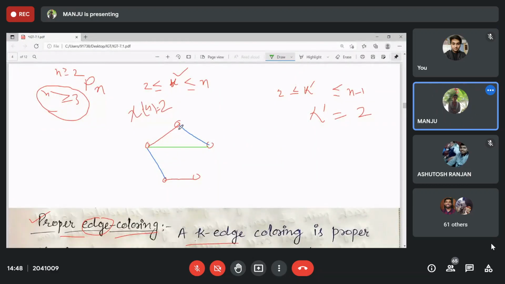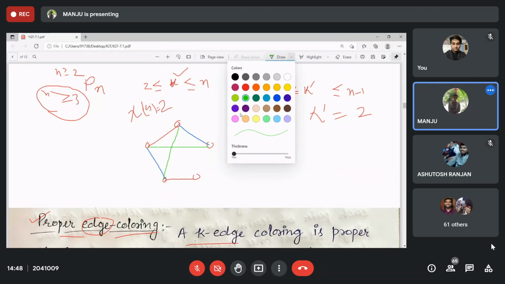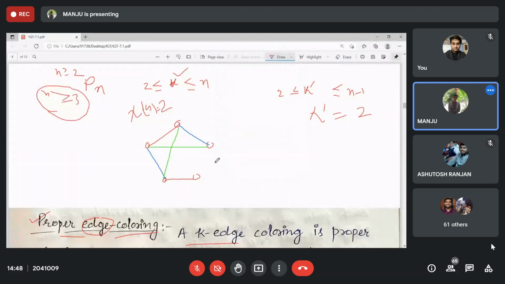This else, this else. Anything else? No. This else. What else? I cannot use this one. Cannot use this one.